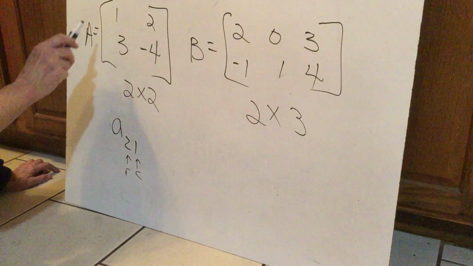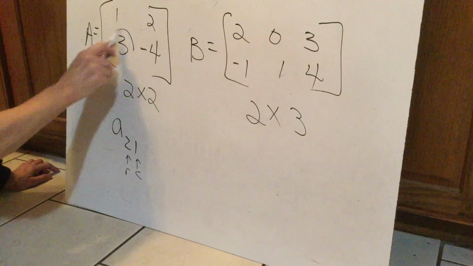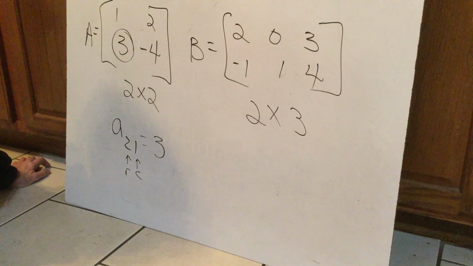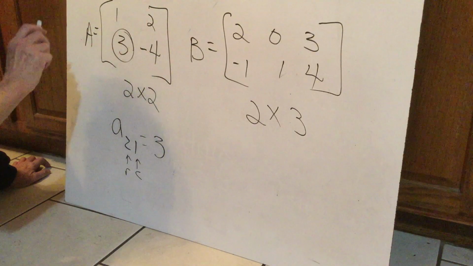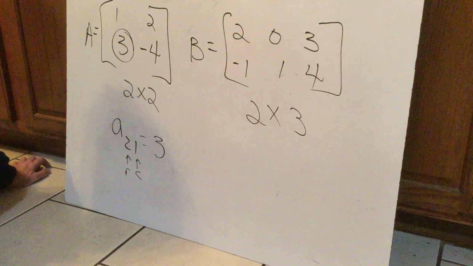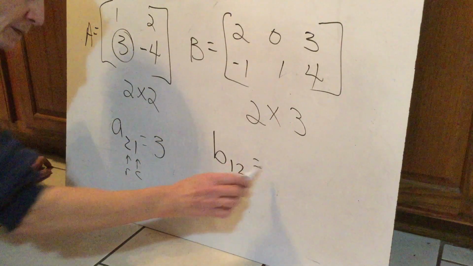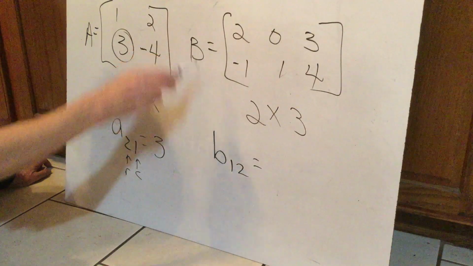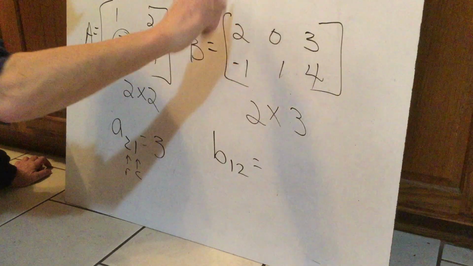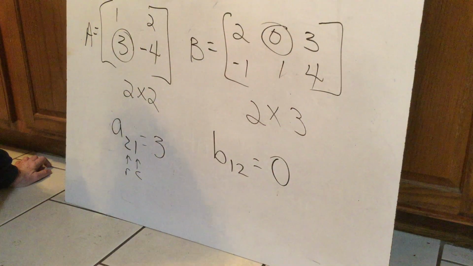So we're in the second row here, and the first column. So that is 3. You see that? Second row, first column, right there. Then b sub 1, 2 would mean, go to matrix B, first row, second column. So that would be a 0.